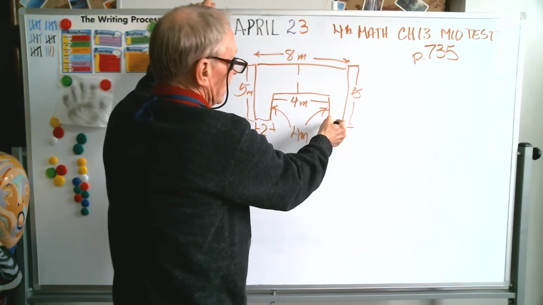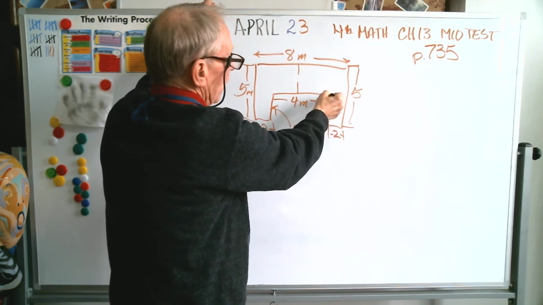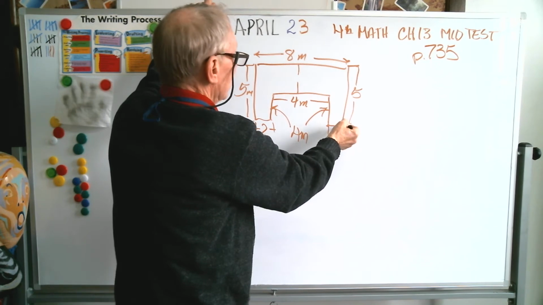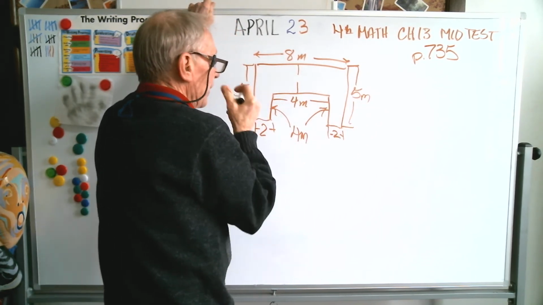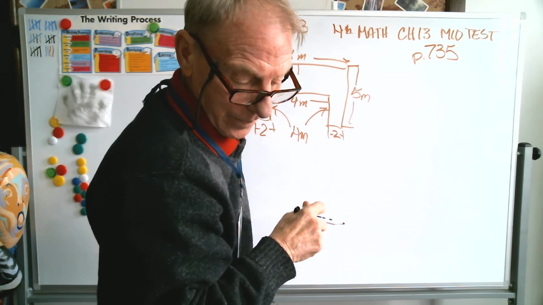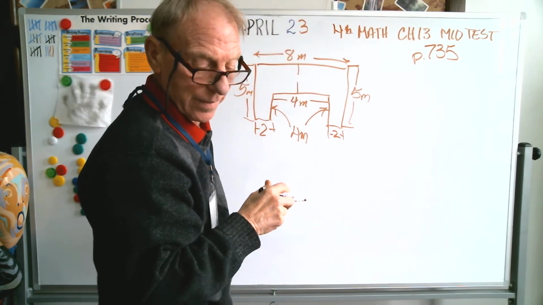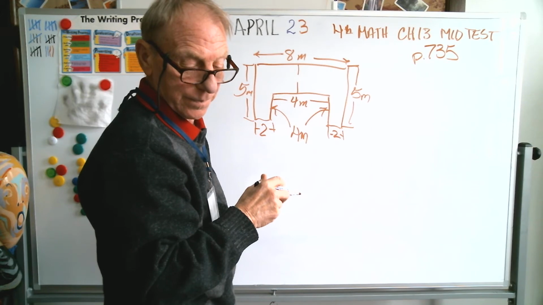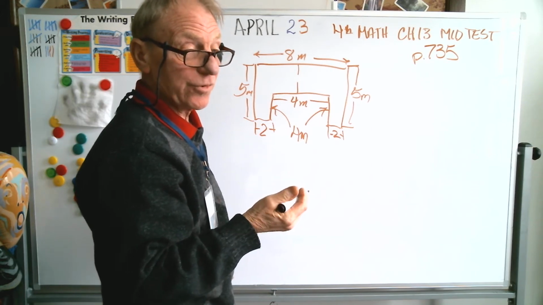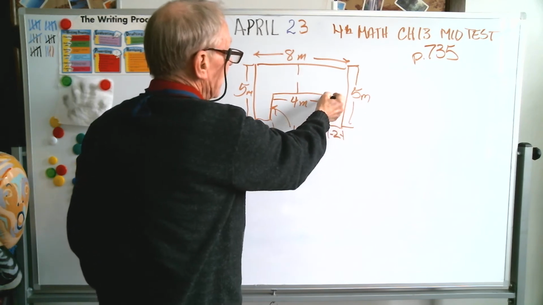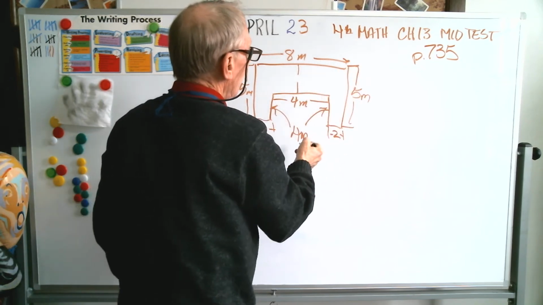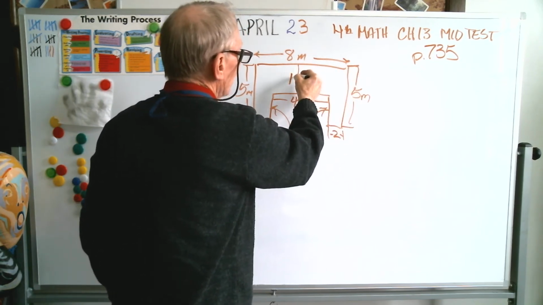Now, you know that from here to here is 4, and from here to here is 5. So you just subtract the 4 from the 5. If it's 4 to here and it's 5 overall, that means that this dimension is 1 meter.